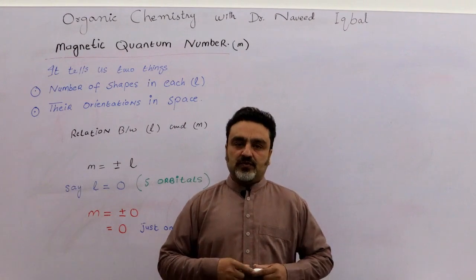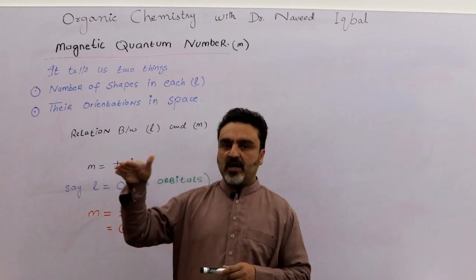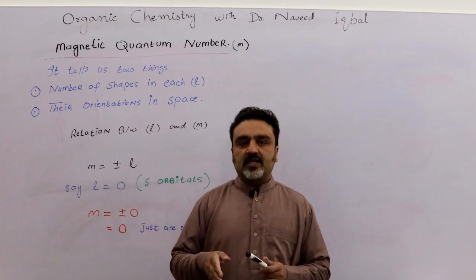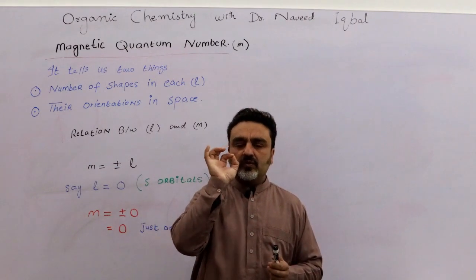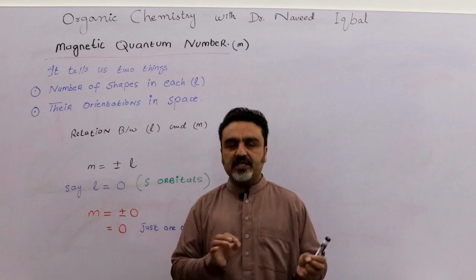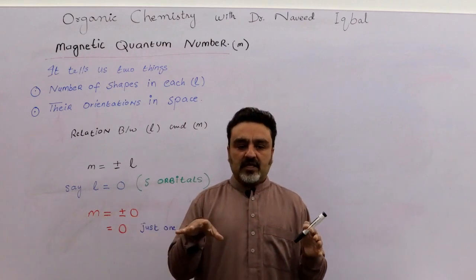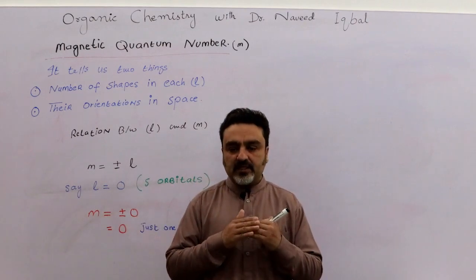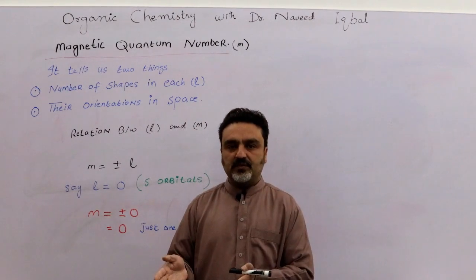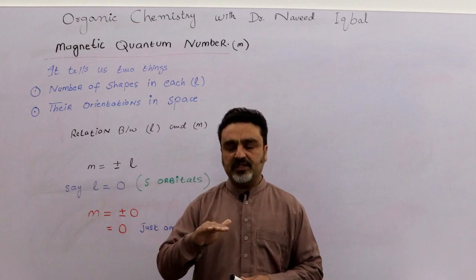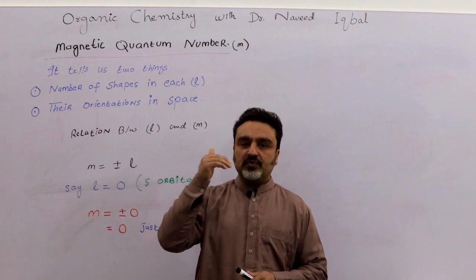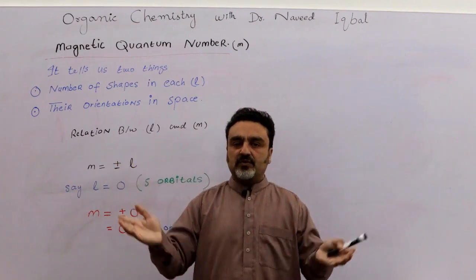Another analogy I want to give you: if you are going in an aeroplane and you view the earth or a city, you will see all the houses and buildings and roads very small. They are just vague. You can't differentiate between them. You just see a vague picture, not clear things. So the principal quantum number just tells us about the shell.